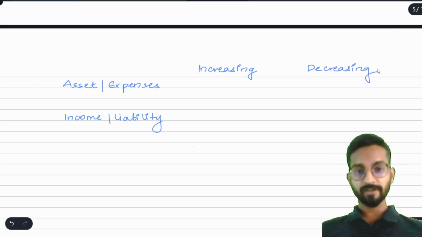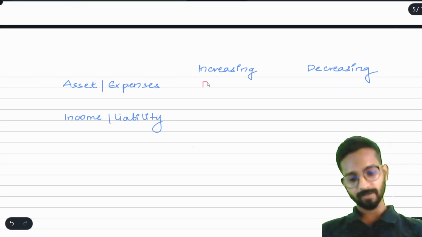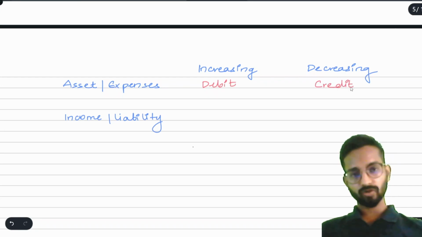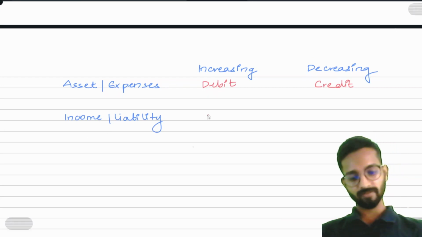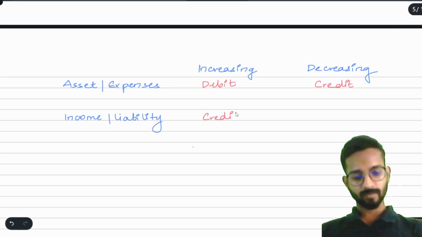Remember this, if asset and expenses are increasing, what will we write? We will do the debit. And if decreasing, obviously credit. Opposite will happen in the case of income and liability. When we are receiving income or when there is a liability increasing, we will credit, and if decreasing, we will debit the account. Simple enough.